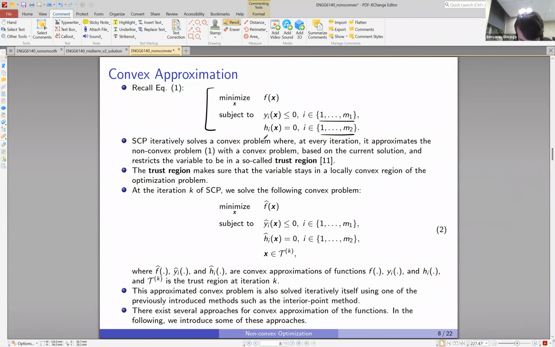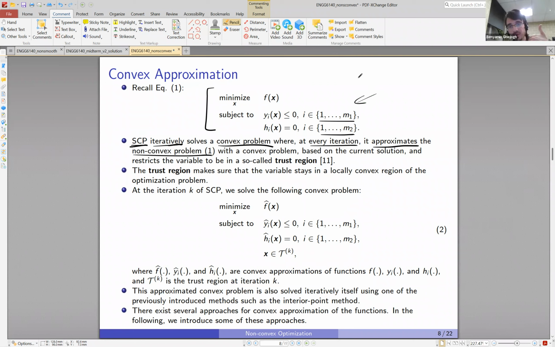Sequential convex programming, or SCP, is an iterative optimization method. It iteratively solves a convex problem where at every iteration it approximates the non-convex problem 1. This is a non-convex problem because maybe f is non-convex, yi may be non-convex, or hi may be non-convex.